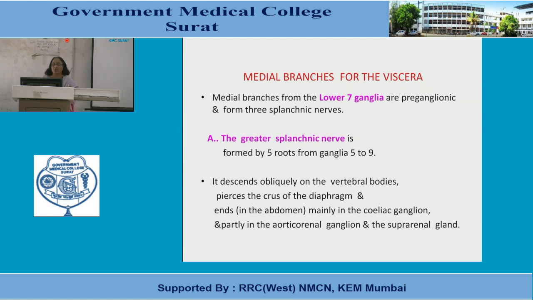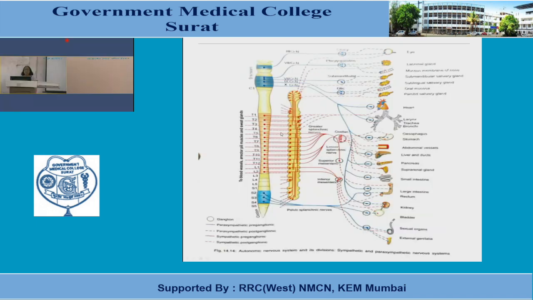least splanchnic nerve. Now number 1, the greater splanchnic nerve is formed by 5 roots from the ganglia 5 to 9. You can see in the given diagram, this is T1 up to T12. Right, you can see 12 ganglia here.